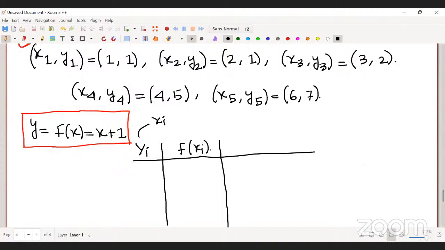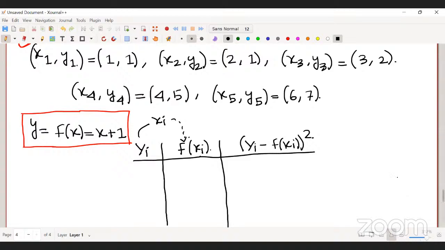Here I have to take the difference between yi and f of xi, whole square.